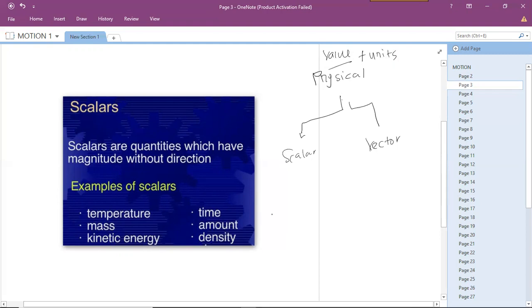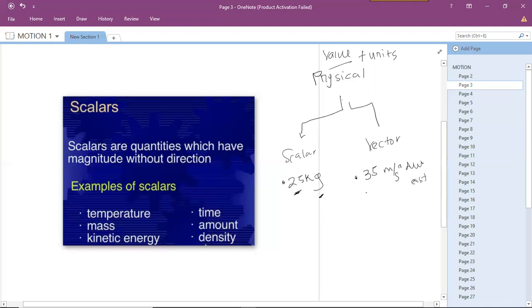For example, a scalar quantity like 25 kg for mass, we have a numerical value there, and we have the unit, which is kilograms. Or a vector quantity like 35 meters per second squared due east.